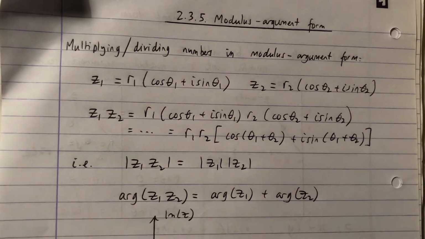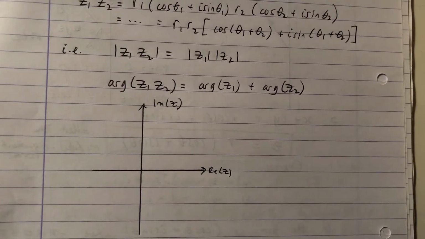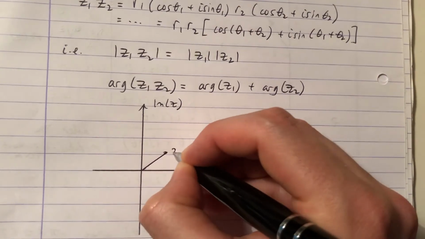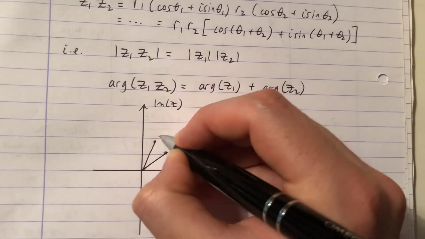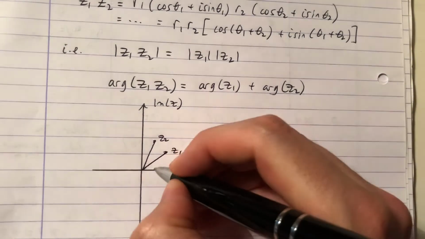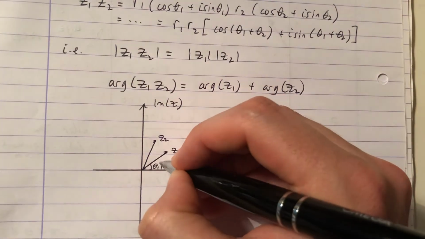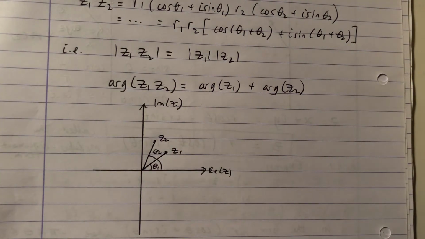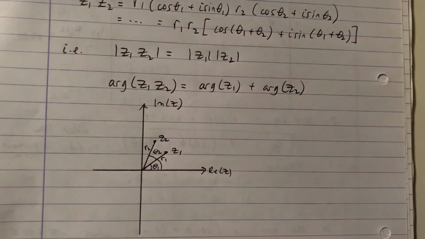Now what this means visually is if I drew two complex numbers, just say this one is z1 and this one is z2. So z1 has an argument theta 1, z2 has an argument theta 2, and we've got r1 is the length and r2 is the length there.